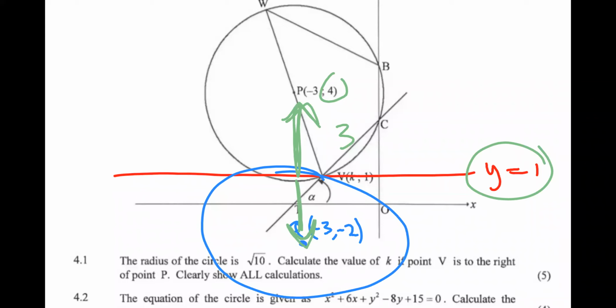Instead of going 3 units up, you now go 3 units down from 1. And 3 units down from 1 is at -2. Okay. So it's being reflected in the line y is equal to 1, and so the x value stays the same, but the y value changes to -2.